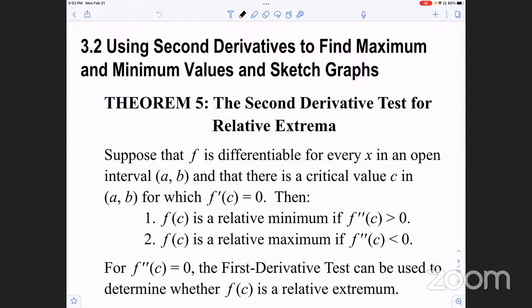And f of c is a relative maximum if the second derivative is negative. If the second derivative is negative, the function is concave down, so we should have a max, right? For f double prime equal to 0, the first derivative test can be used to determine whether f of c is a relative extrema.